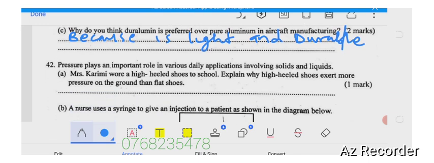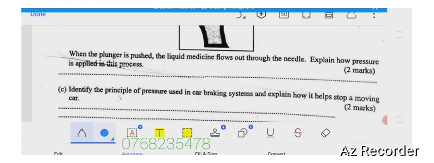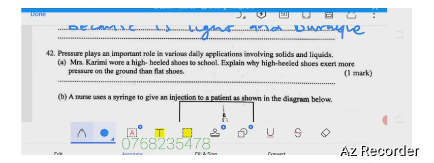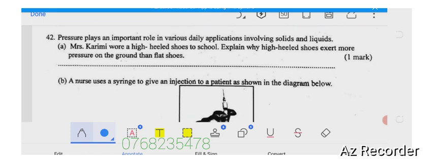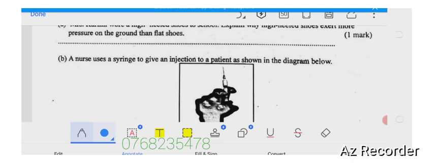The next question 42, which is the second last question. Pressure plays an important role in various daily applications involving solids and liquids. Mr. Karimi wore high-heeled shoes to school. Explain why high heels should exert more pressure on the ground than flat shoes.